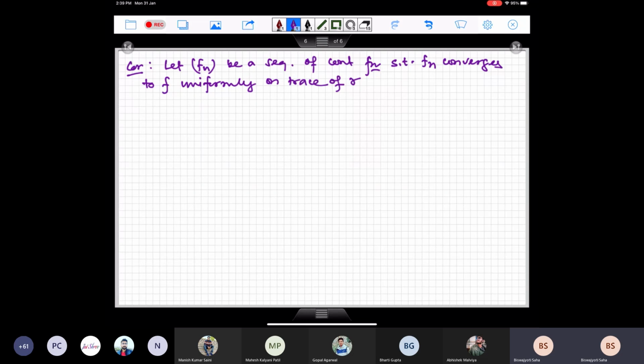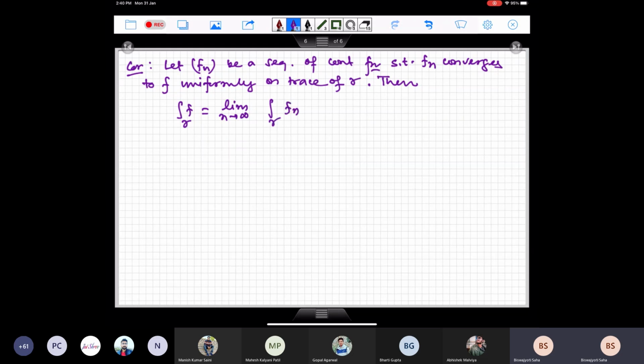Okay, so I have this. Then what I can say is that if I have this, then we will be able to say that the integral of f over gamma is nothing but the limit as n tends to infinity of the integral of fn over gamma.